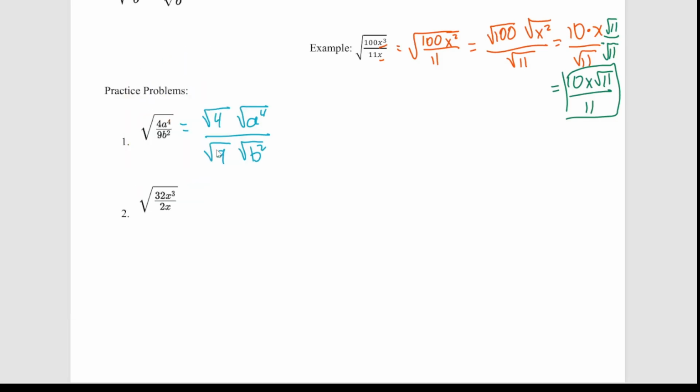And again, for all of these, we are assuming the variables are bigger than 0, as a point of technicality. The square root of 4 is just going to be 2. The square root of a to the 4th, remember a to the 4th would break down to a squared times a squared, so that would give us just a squared there, over the square root of 9, which is 3.